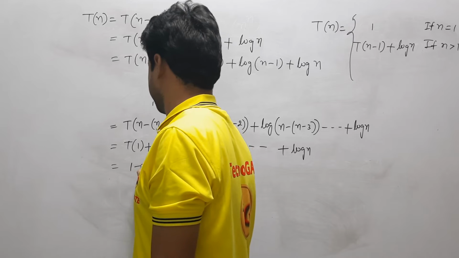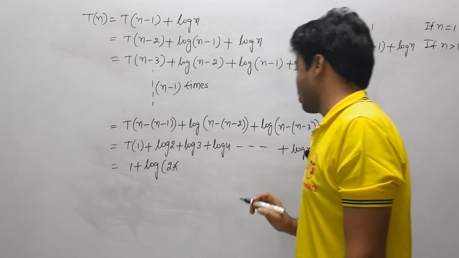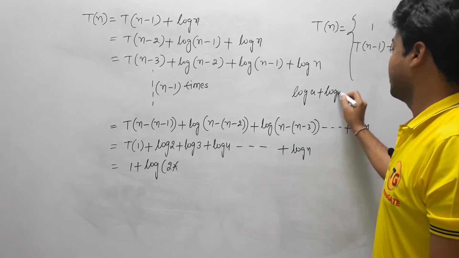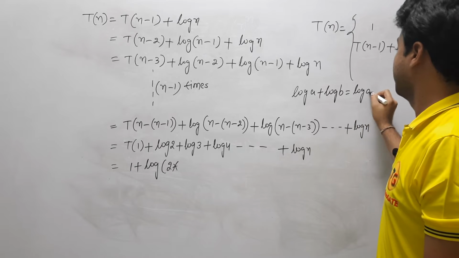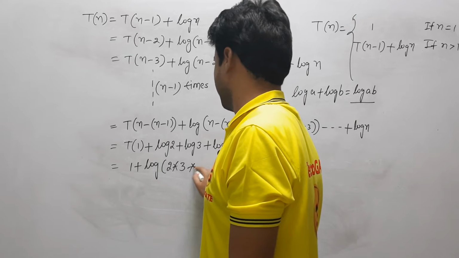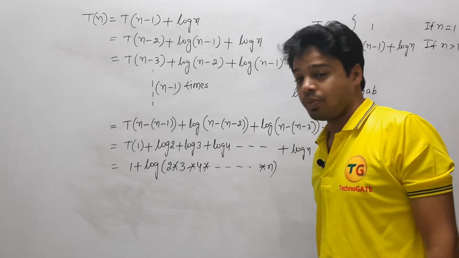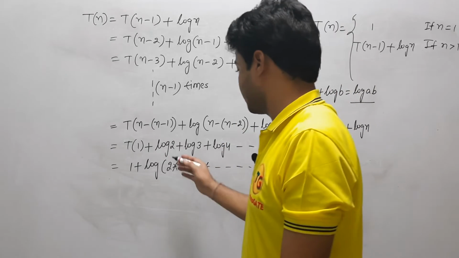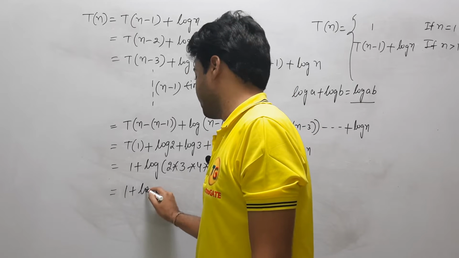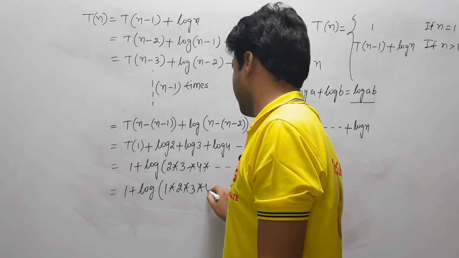So 1 plus log 2 plus log 3, and log a plus log b is log ab. So 2 into 3 into 4 into n, and we can write 1 plus log of 1 into 2 into 3 into 4 into n.